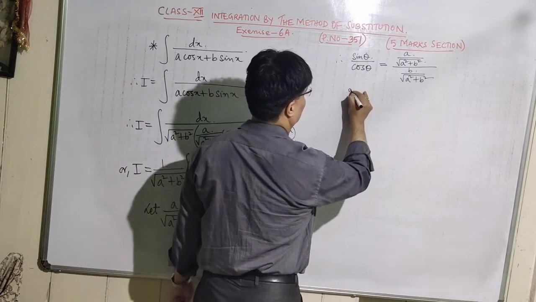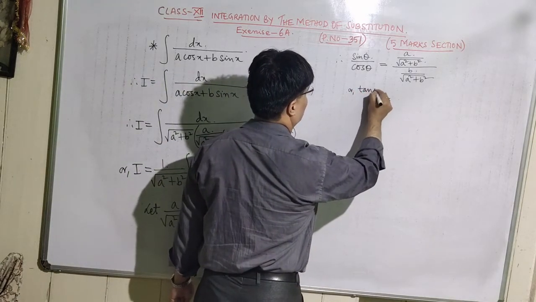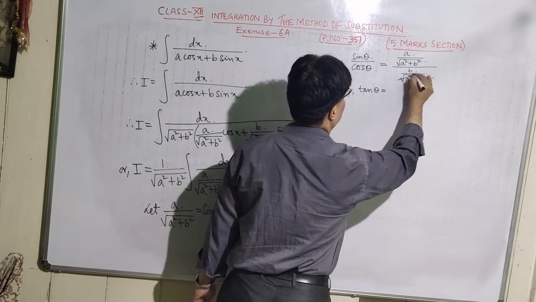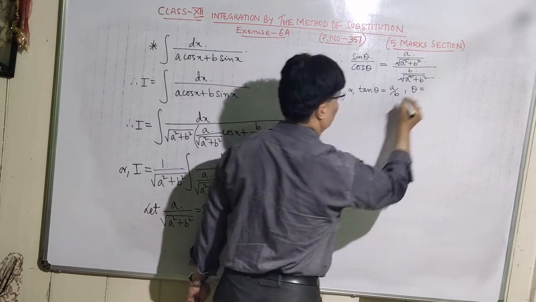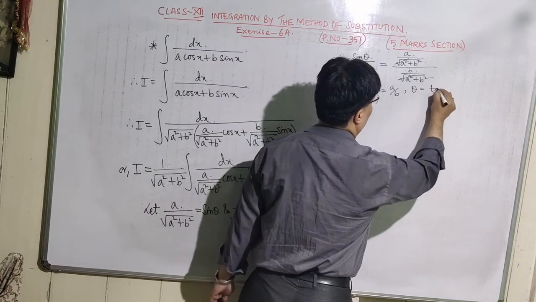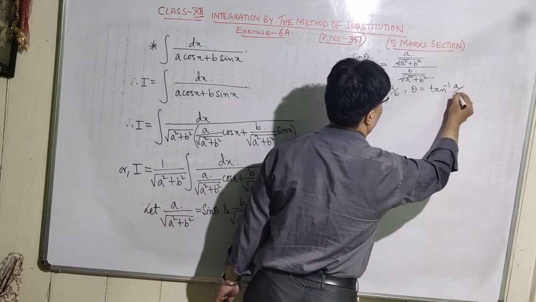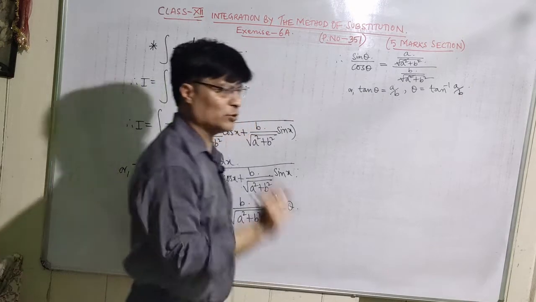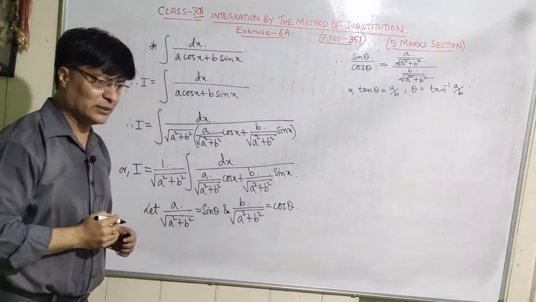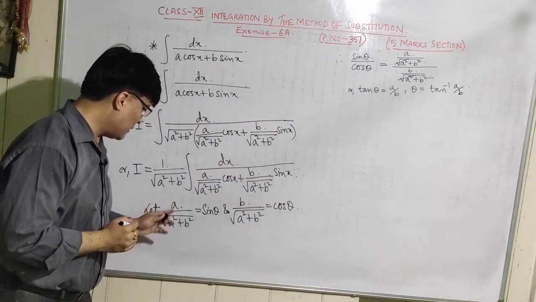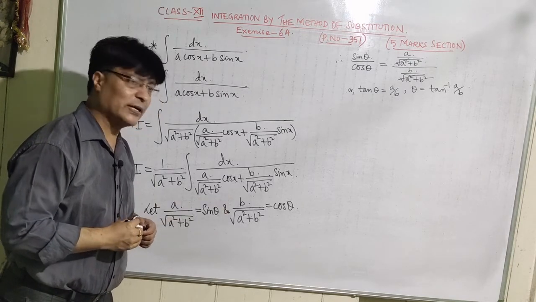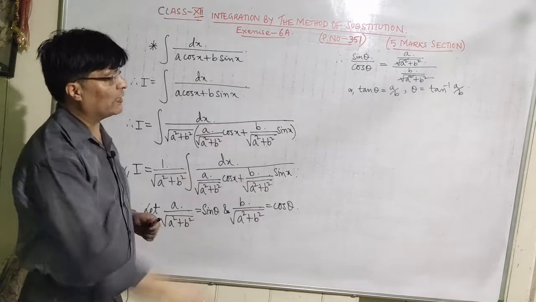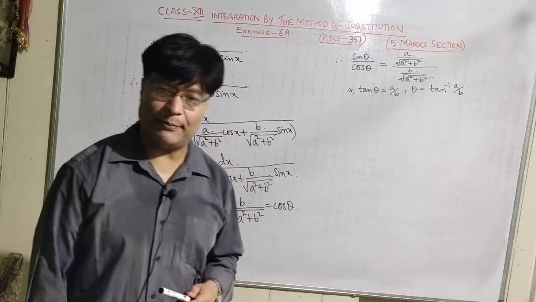So we can write here now, tan theta is equal to, this root over will be cancelled, a upon b, so we have got the value for theta, which is tan inverse a upon b. So here theta was an unknown quantity, isn't it? We had assumed a by root over a square plus b square as sin theta and b by root over a square plus b square as cos theta. So we have got the value for theta, which is equal to tan inverse a by b.